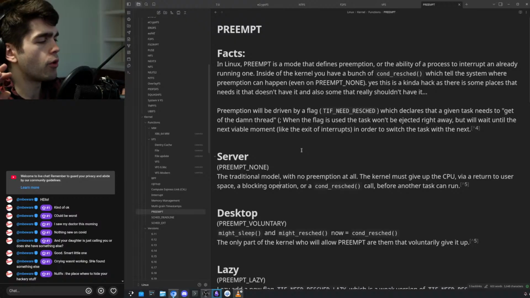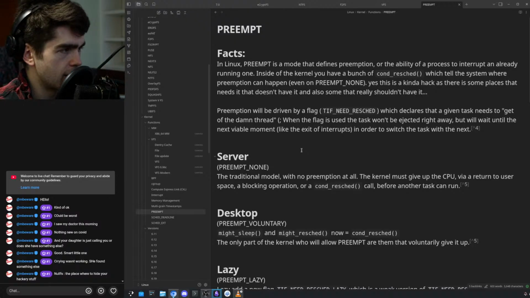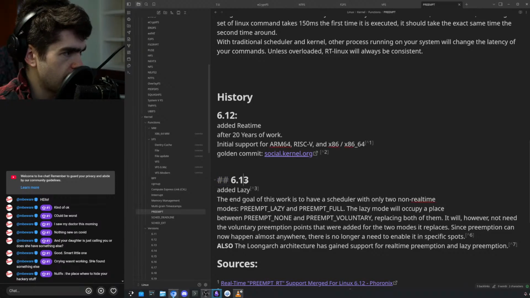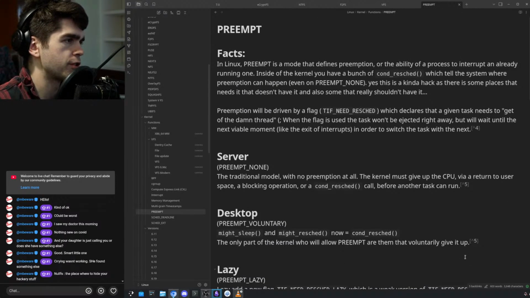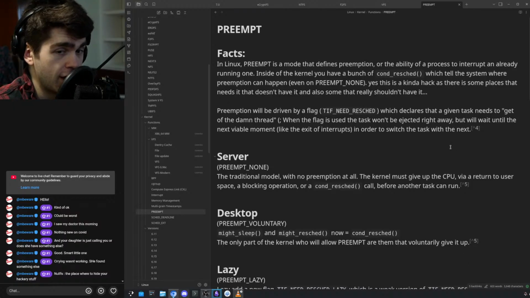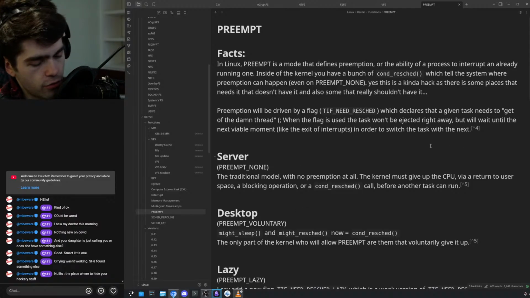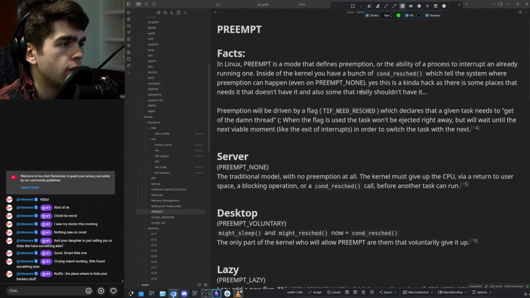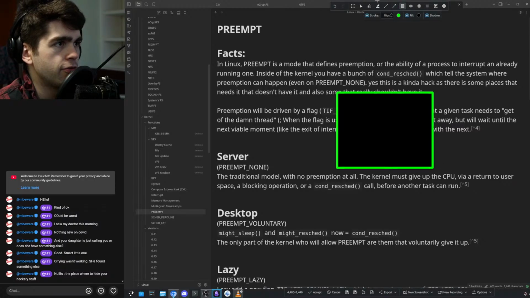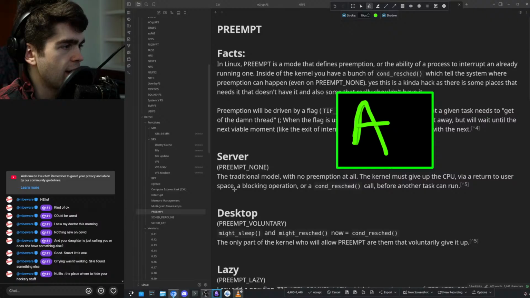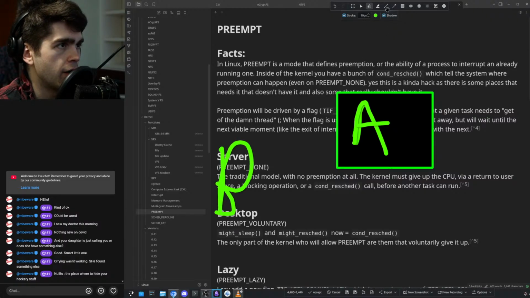Anyway, we were at preemption because in 6.13 I think, yep, 6.13 we added lazy preempt, which was a big thing, but now we're pushing and it's becoming very cool. So quick refresher on preemption. Preemption is the ability to get something off the core of a CPU. So you've got a process, let's say process A, and process B wants to run.